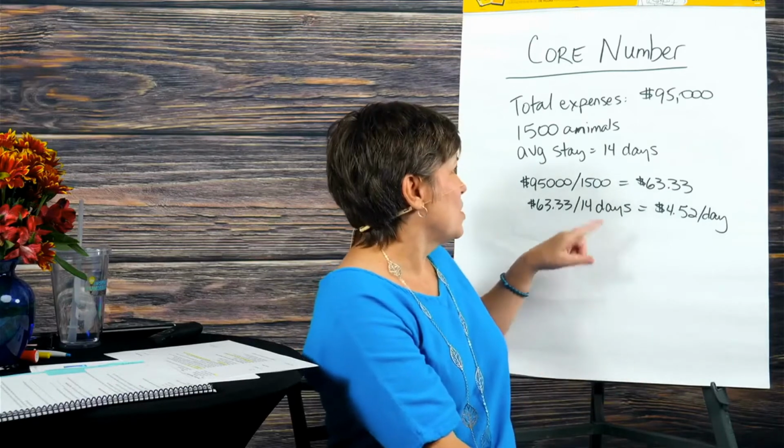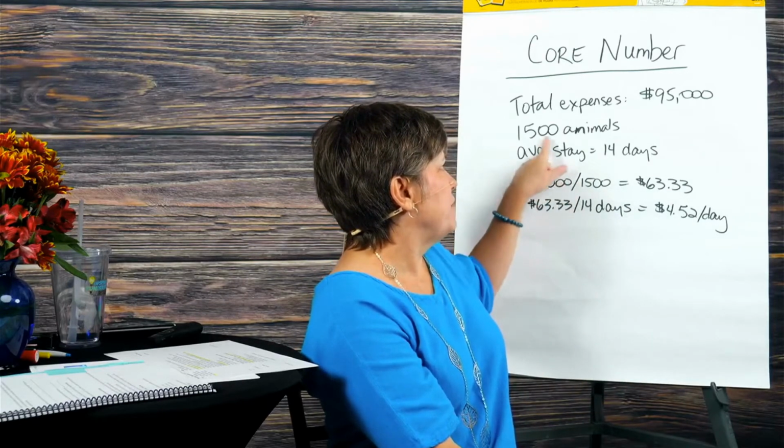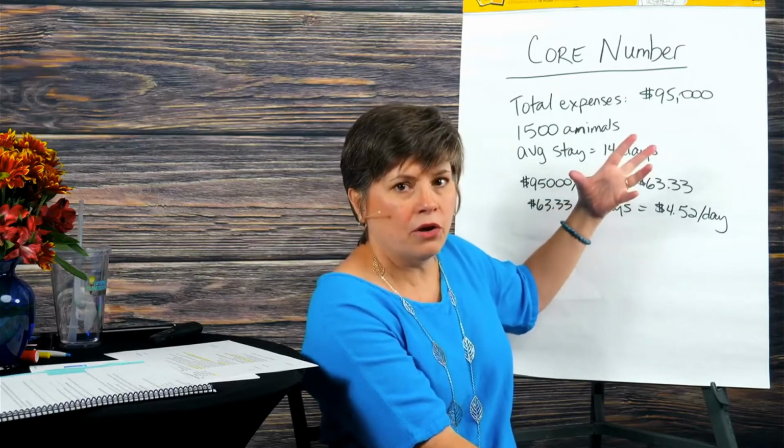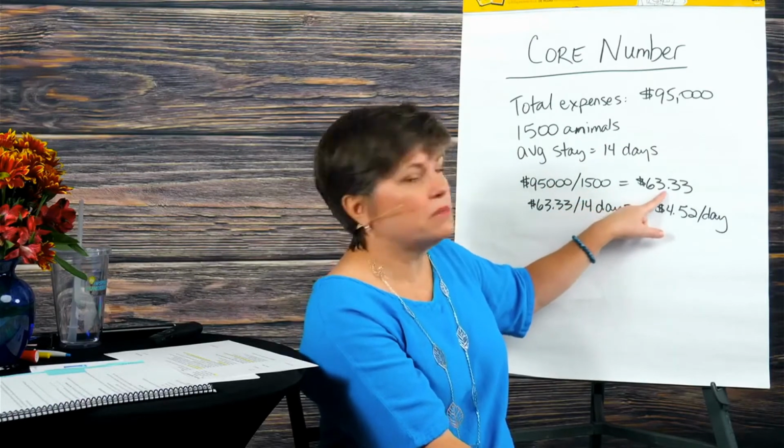Awesome. Okay, so if we were to multiply 1,500 times 14, that's going to give us the total number of days of care that we provided for animals during the year. I kind of worked this example a slightly different way. I took the $95,000 divided by the 1,500 animals, and that tells me that it costs $63.33 to take care of one animal for the entire 14 days it was there.